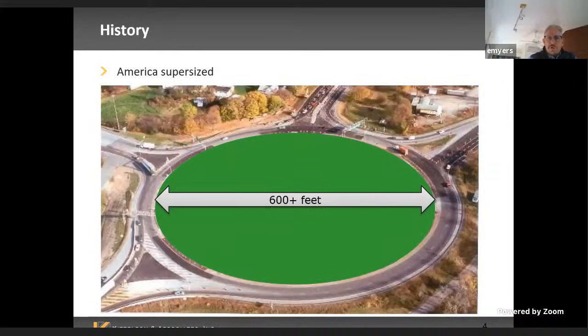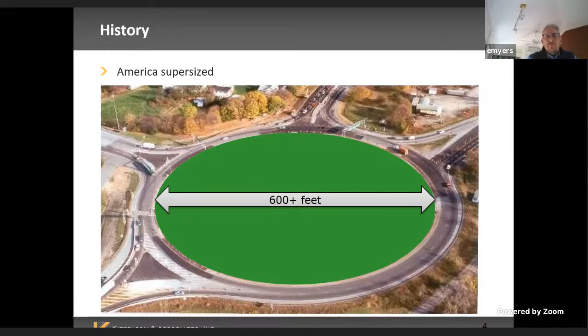So a lot of the circles that we had before the term modern roundabout was developed, which was in the late 1980s, early 1990s, were very, very large circles. This is a circle, I believe in upstate New York, near the Albany area, but it's 600 feet in diameter.